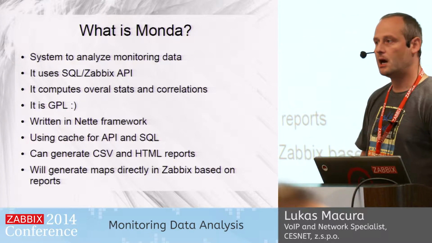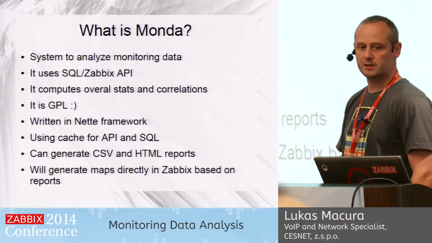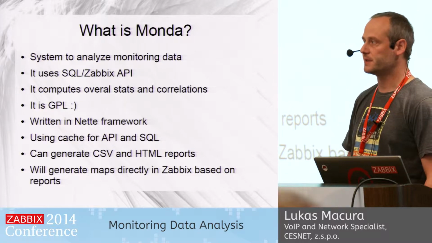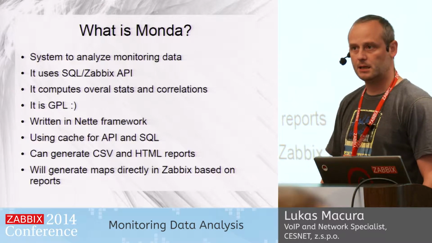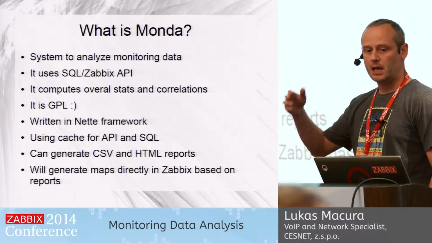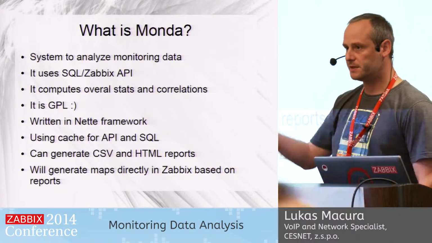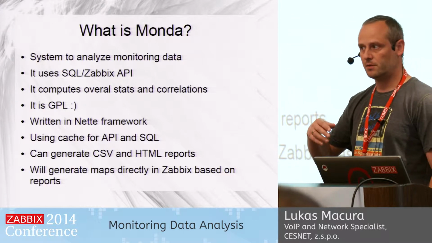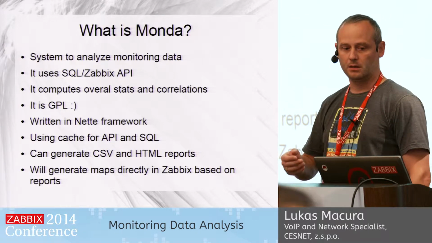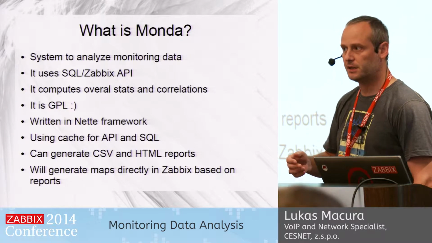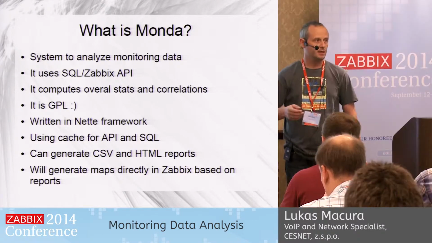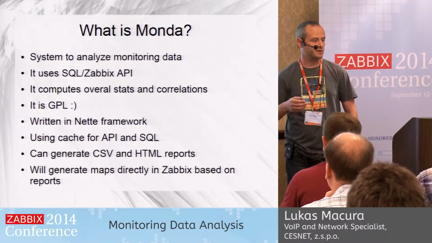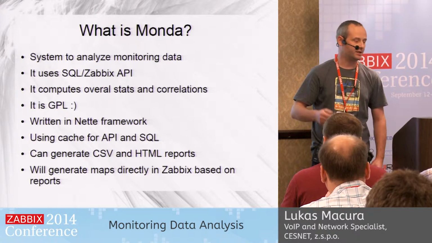And now, how Monda works. It uses SQL and the Zabbix API, connects them together, and computes some statistics and some correlations and produces some reports. It's written in PHP, but don't be afraid, the mathematical clauses are not in PHP, they are directly in SQL.